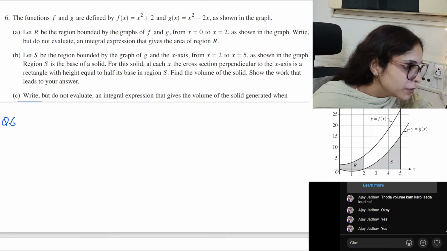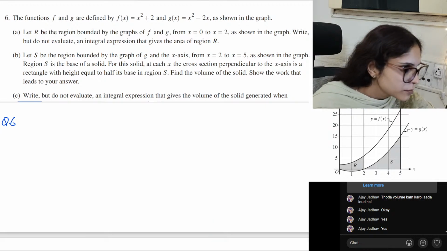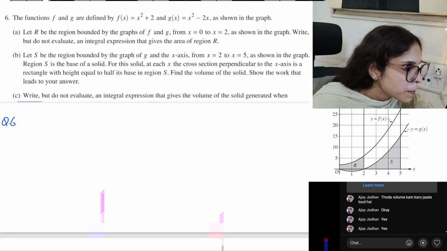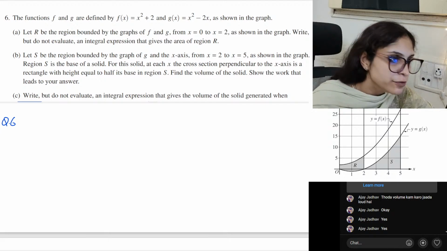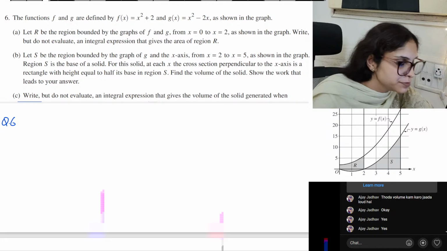Right, but do not evaluate an integral expression that gives the area of the region R. So you're going from 0 to 2 and you can see f of x is on top, g of x is on bottom.